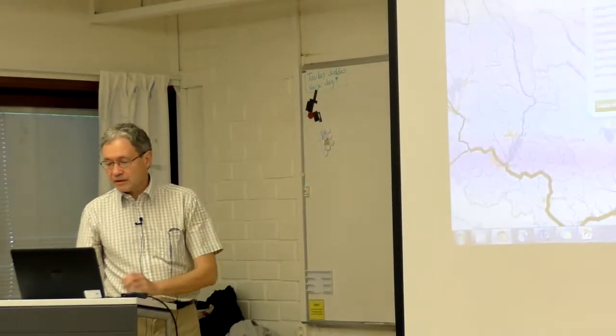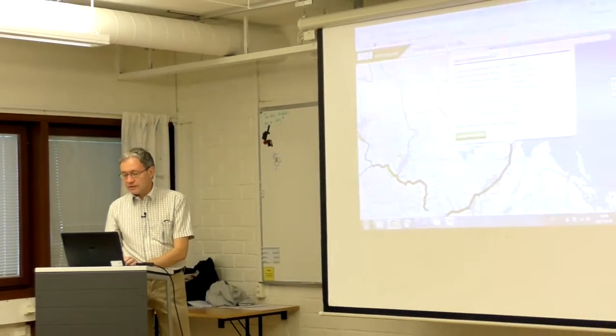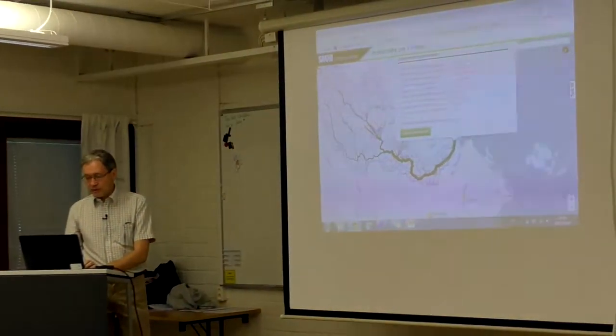Here is where you can find information from the Swedish model, and let's look at the Dalälven, which is sort of the heart of Sweden in a way. If you click on one of these points, you will get the connection here within the river, the hydrological network.